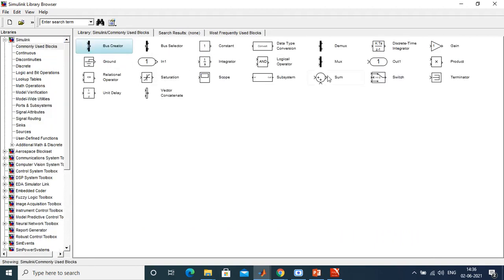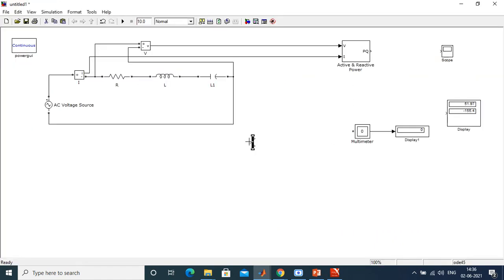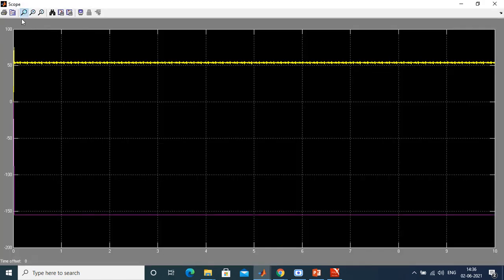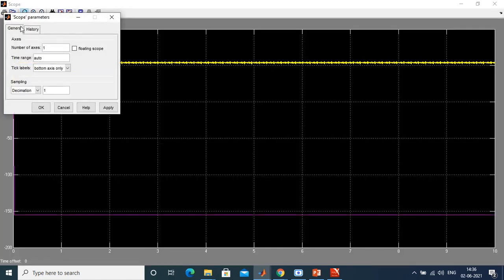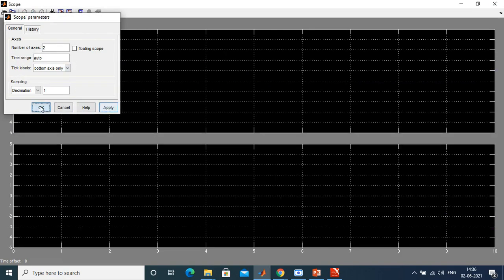So that's why you observe here there is one demux. See here, I will connect this demux. Okay, now in the scope parameters, number of axes I will set it as 2. Apply.